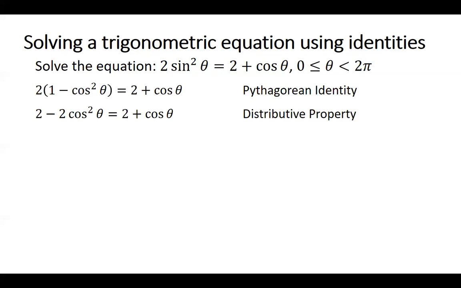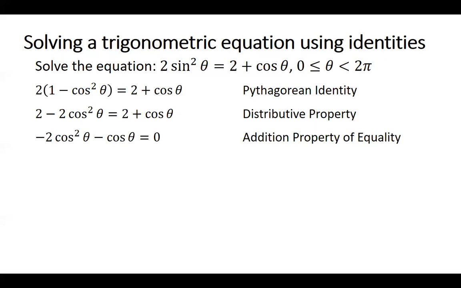Well, now that I've got that, I can distribute through my 2, and I get 2 times 1 is 2, and 2 times cosine squared theta is 2 cosine squared theta. So now I have 2 minus 2 cosine squared theta is equal to 2 plus cosine theta. Well, now I'm trying to get everything on one side, so I'm going to subtract 2 from both sides, and I want to get cosine together, so I'm going to subtract cosine theta from both sides.